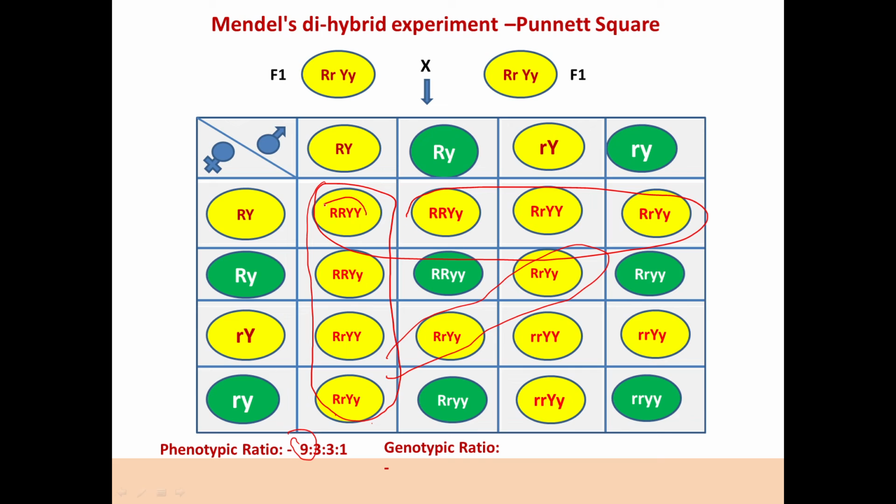This is only the 1. So this is 1, and these are similar because capital R, small r, capital Y, small y, capital R, small r, capital Y, small y.